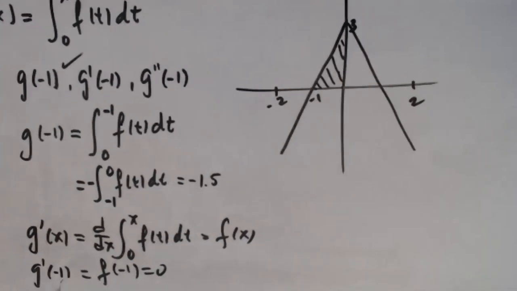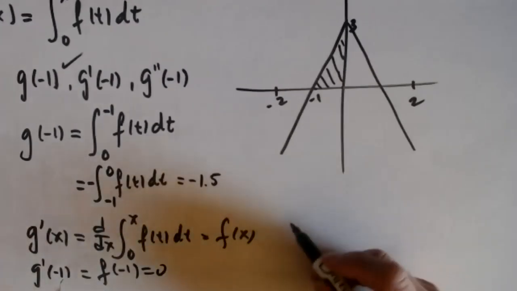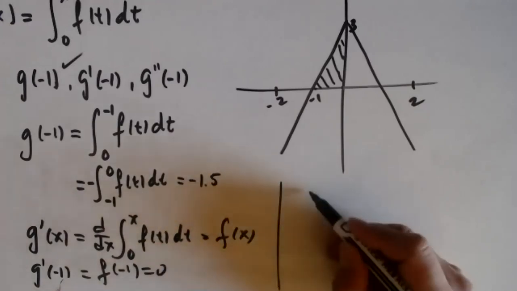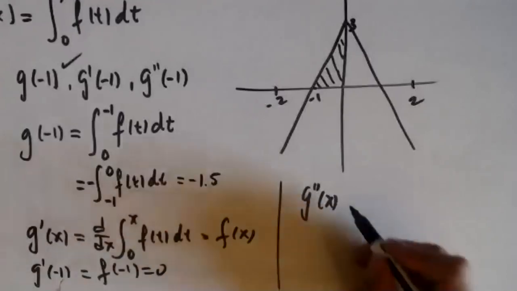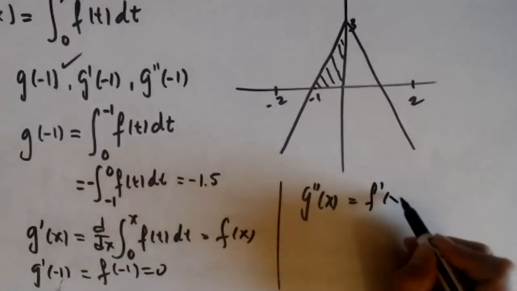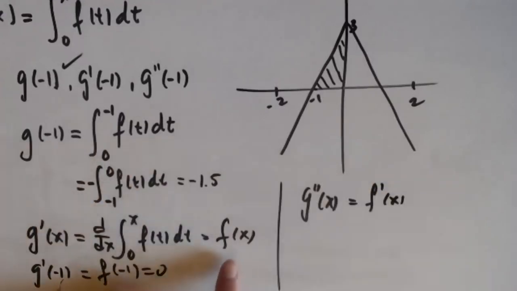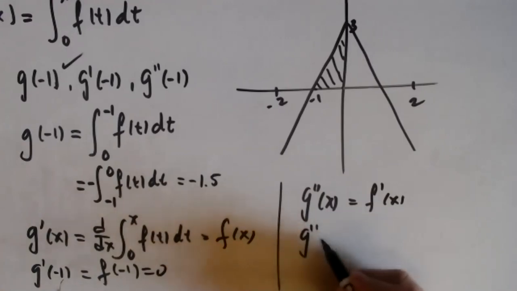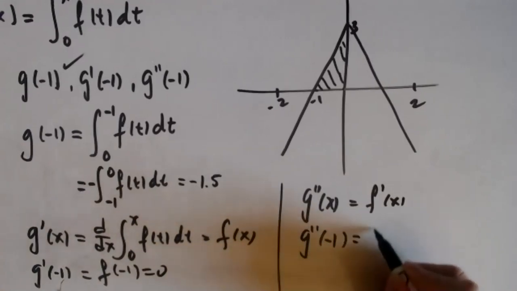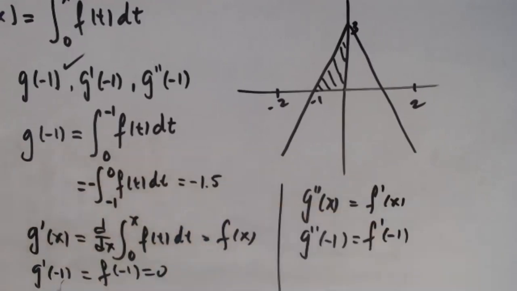Now, you have to do g double prime of x. What is g double prime of x? Well, it is f prime of x, the derivative. If g prime is f of x, g double prime is f prime. So g double prime of -1 is f prime of -1.